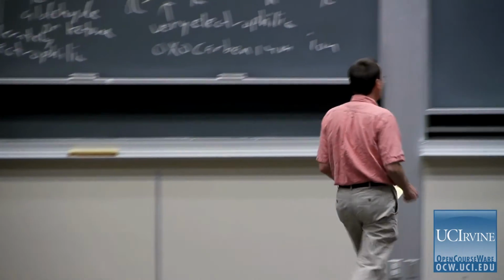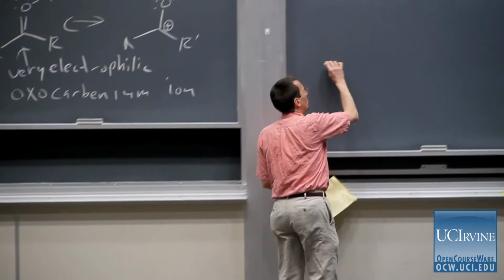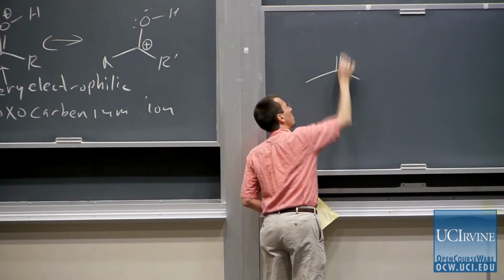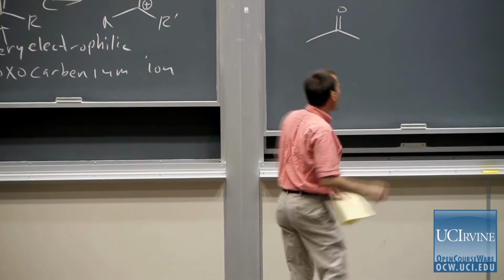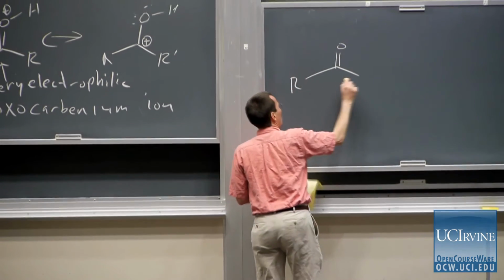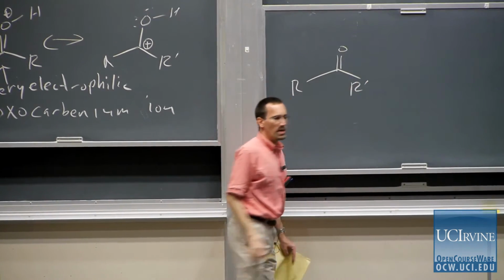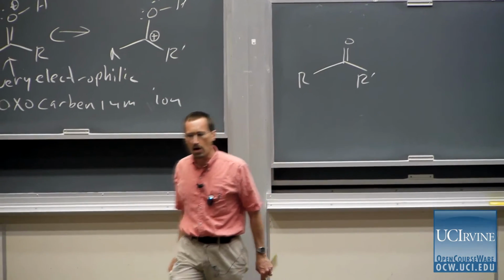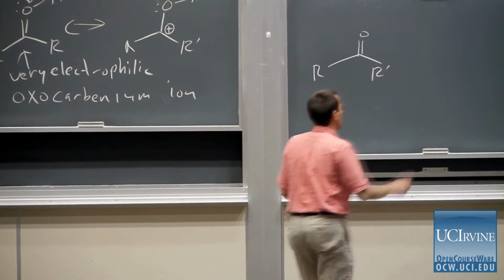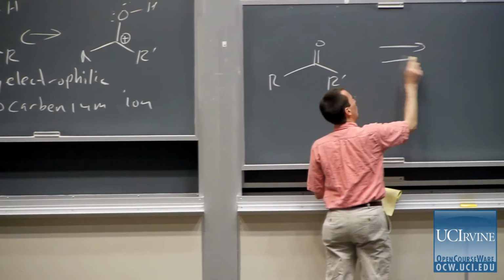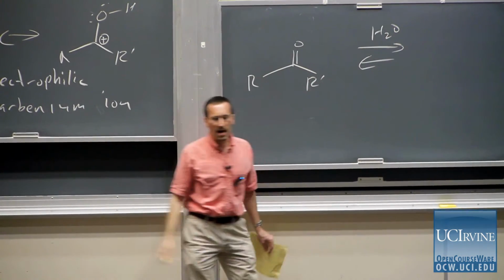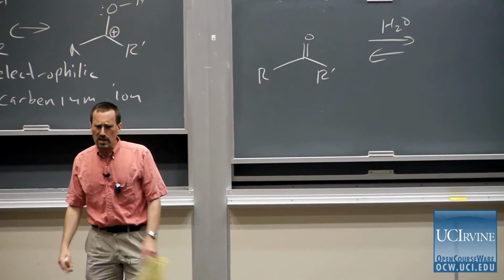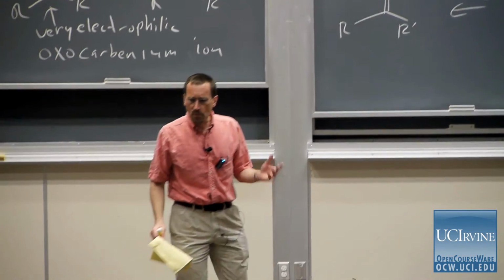So let's start by talking about a reaction that occurs, and for the most part, we don't even pay attention to it. If you have an aldehyde or a ketone, again, I'm just going to write this generically as RCOR, and you have water present, let's say you dissolve acetone or acetaldehyde in water, you have an equilibrium that in many ways you don't see.